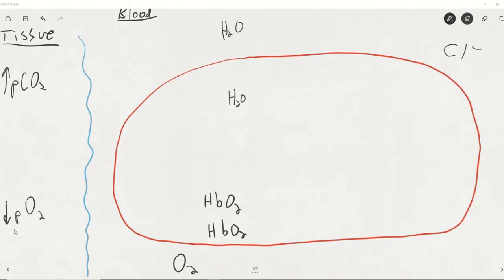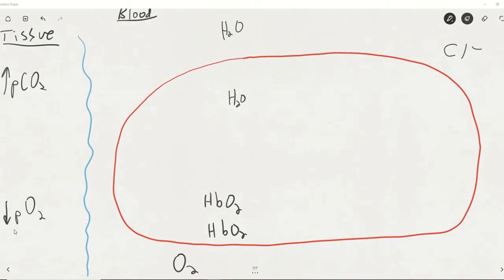And what we're going to look at is carbon dioxide loading. And we're also going to look at oxygen unloading. So earlier we drew what happens at the lungs and what happens at the tissues. We said that at the tissues, during internal respiration, which is really what we're drawing here, CO2 moved from the tissues into the blood.